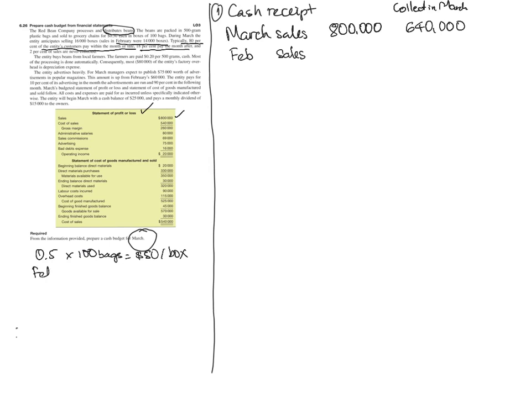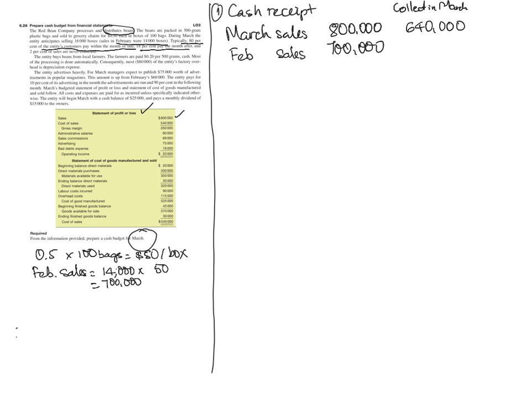So February sales will be equal to 14,000 boxes times $50 per box, so that is 700,000. So we put 700,000 here, and we know that the February sales will be collected 80% in February and 18% in March.